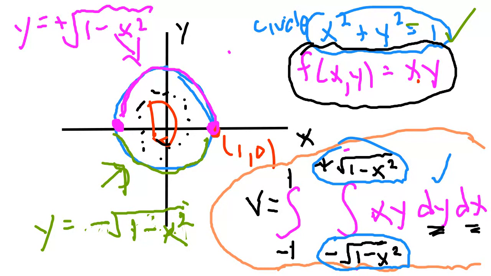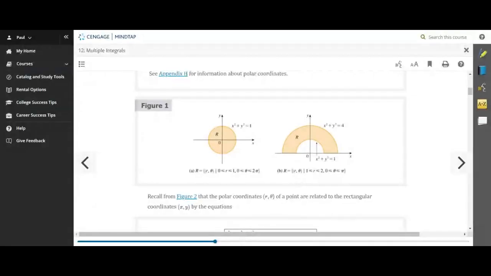And so we resort to polar coordinates in certain situations like that. The situations where we can see this are like what you see here, and I just showed you why in figure 1.